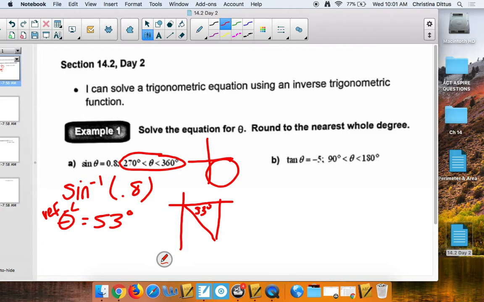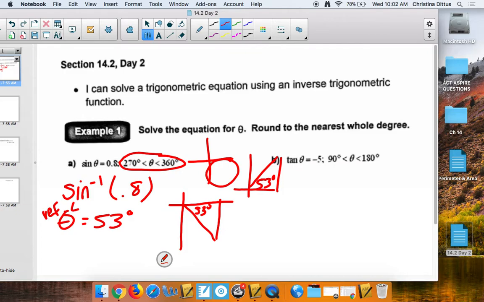I can make an angle down there, right? Isn't that angle 53 degrees? I label it 53 degrees. It's the same as this angle up top being 53 degrees, right? It's just an angle at 53 degrees.